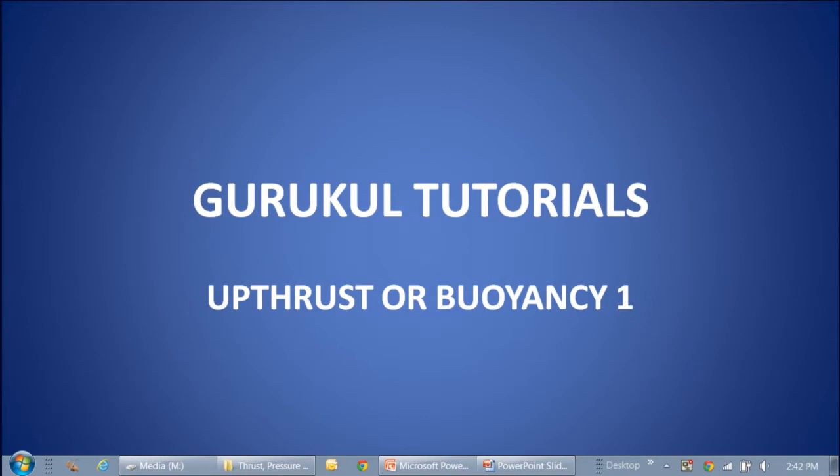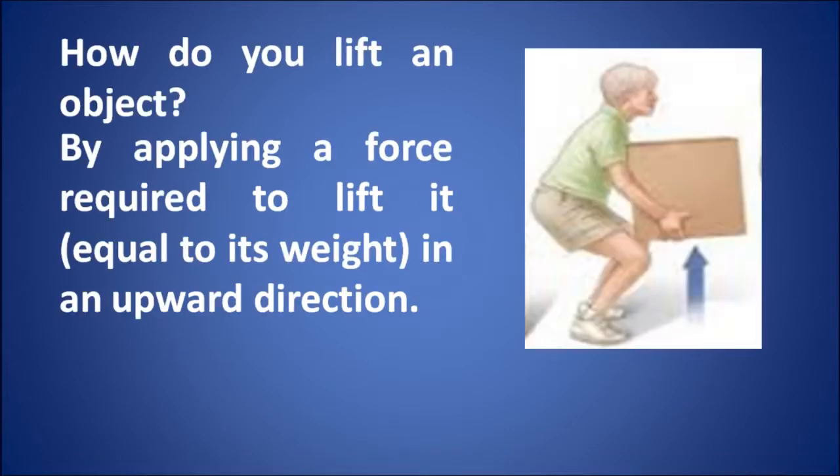Upthrust or buoyancy, part 1. How do you lift an object? Obviously, by applying a force required to lift it in an upward direction. This force is equal to the weight of the object.